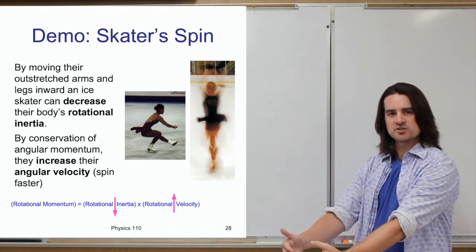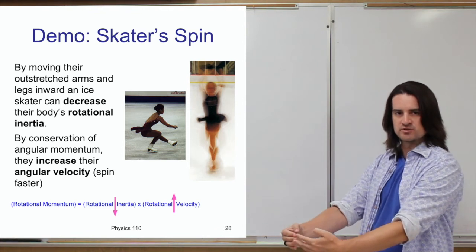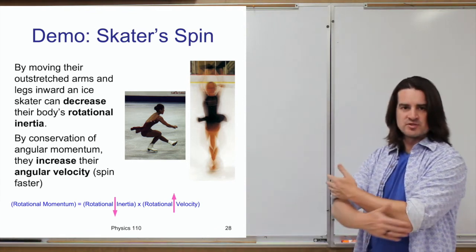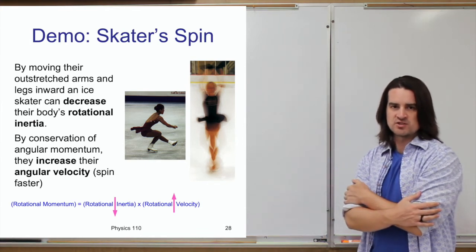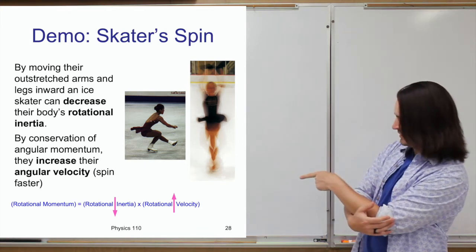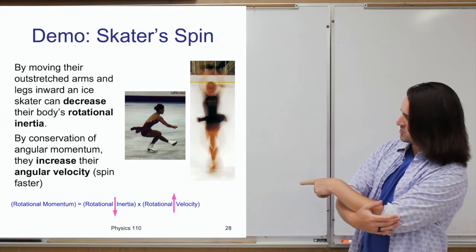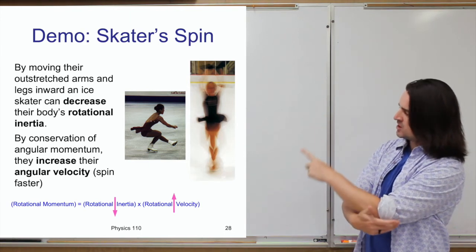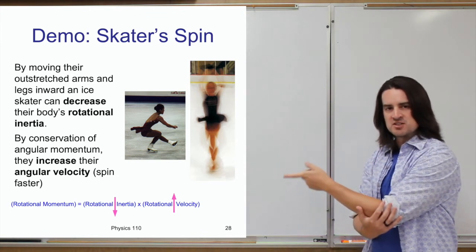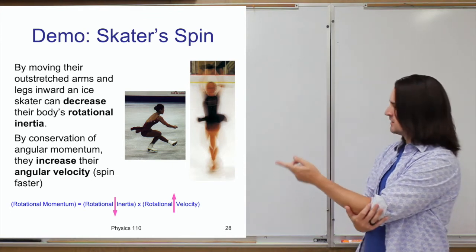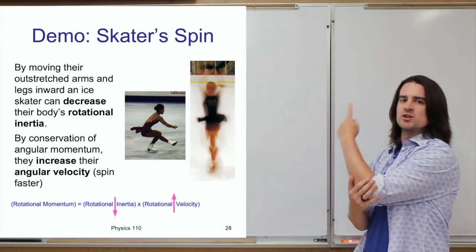So they start out spinning like that with a large rotational inertia. When they bring their arms in and they bring their legs in, they're decreasing their rotational inertia. So in this equation at the bottom here, when the rotational inertia goes down, since the rotational momentum needs to stay the same, that means the rotational velocity needs to go up.